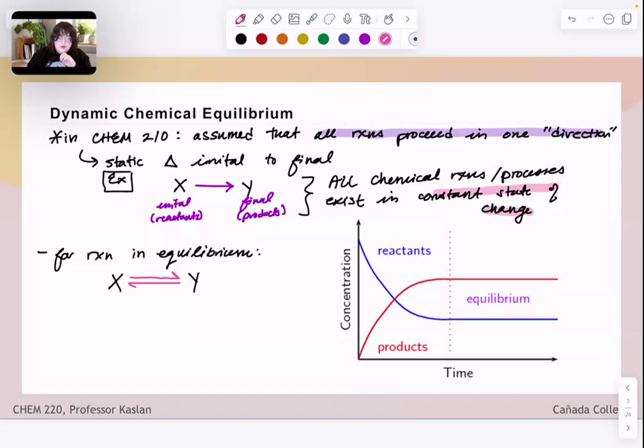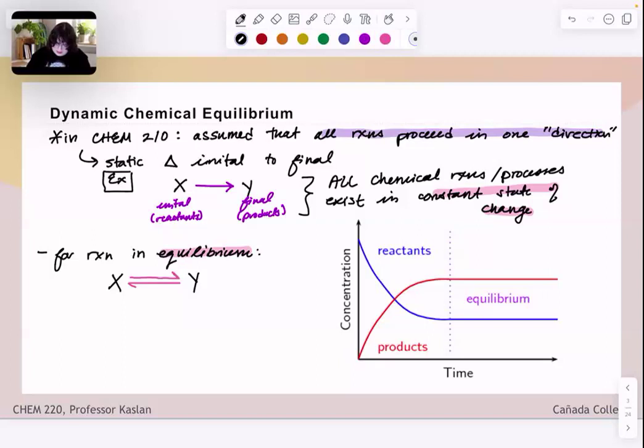So we use this double arrow notation to indicate that we are, in fact, a system that is in equilibrium. So going back to this idea of what equilibrium means in a general sense, let's apply that here for a chemical reaction.